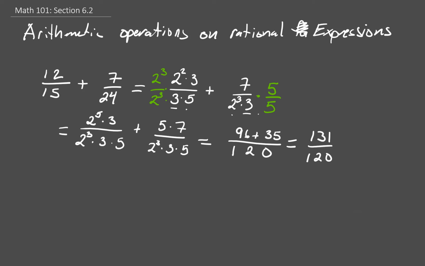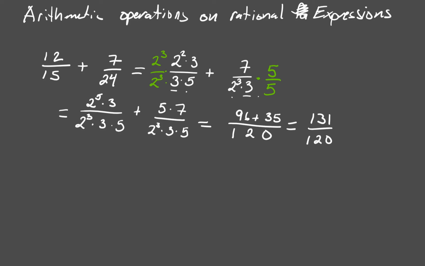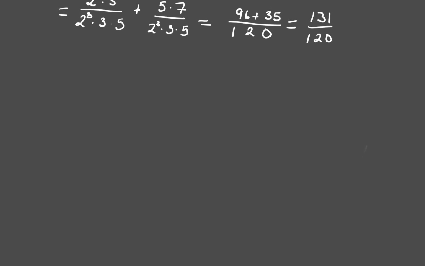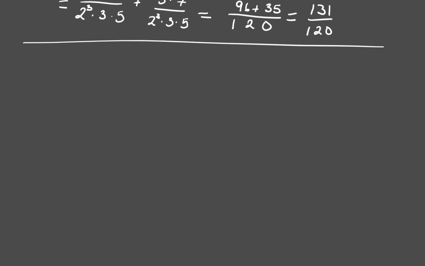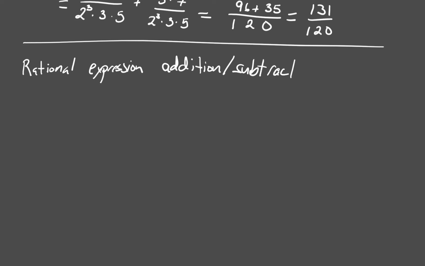Okay, so now let's do addition and subtraction the same way. You find a common denominator and then you add or subtract the tops. So let's do this with an actual rational expression. Same thing with subtraction, right? We just find a common denominator and we add or subtract the top.